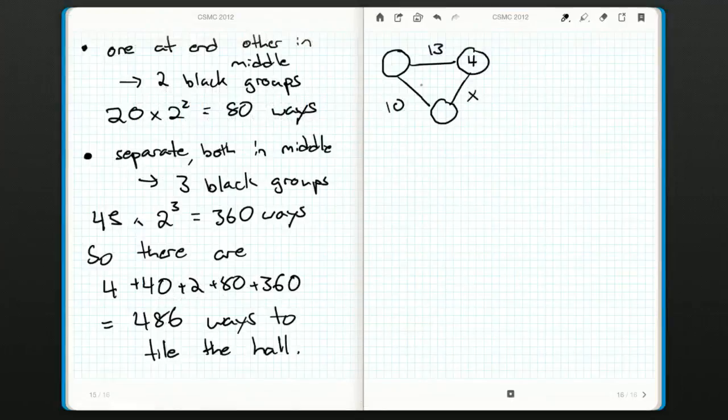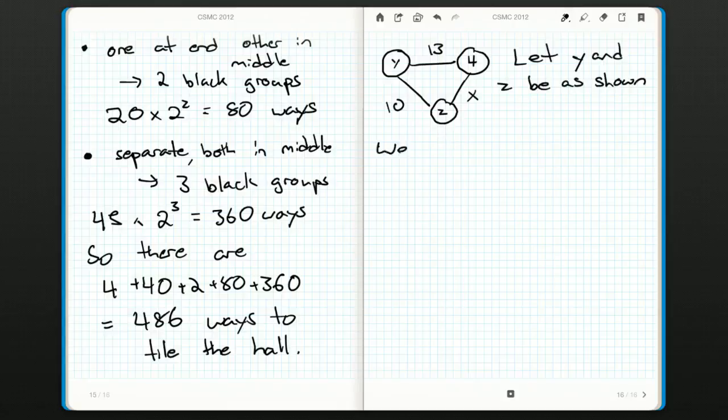So it'd be nice if we had names for these to manipulate them. So we'll call them Y and Z, and we'll say let Y and Z be as shown, just referring to this diagram that we've drawn in here. So we know 13 is going to be equal to 4 plus Y. So Y is going to be 13 minus 4.